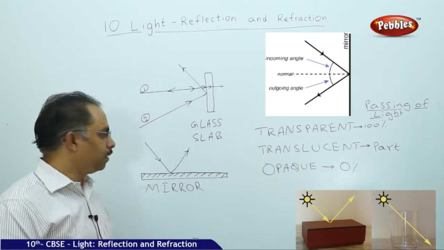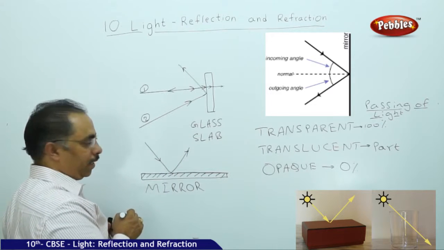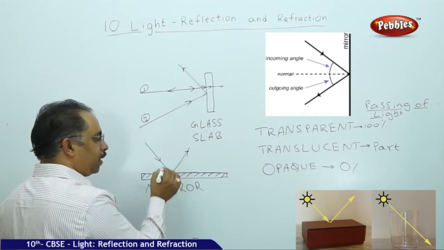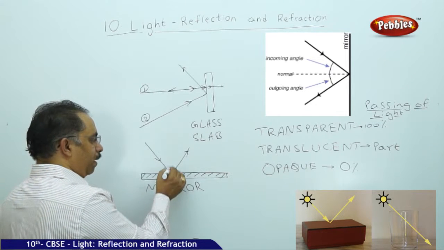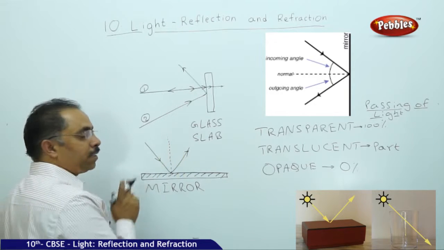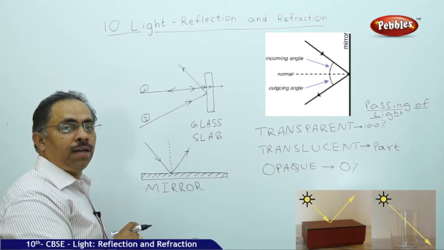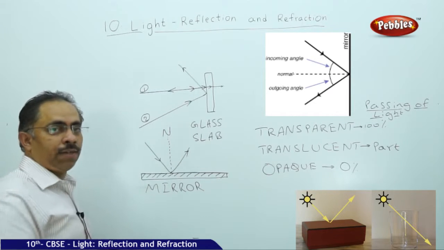Whatever light is incident on this particular material is completely reflected back. Now this is the incident ray, this is the reflected ray, and this point here is called the point of incidence. Now if I imagine a perpendicular drawn at the point of incidence, we will call it the normal. N stands for normal.